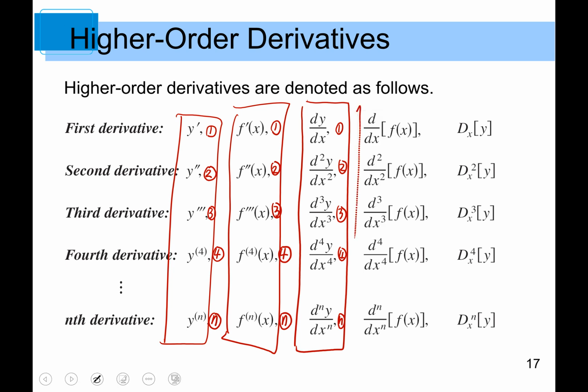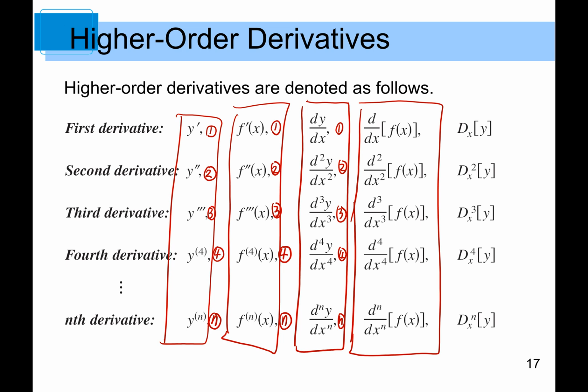Okay, we have several different ways of writing this. This is another way of writing that: d over dx of f of x, d squared over dx squared of f of x, d cubed over dx cubed of f of x are the first derivative, second derivative, third, fourth, and nth, right?